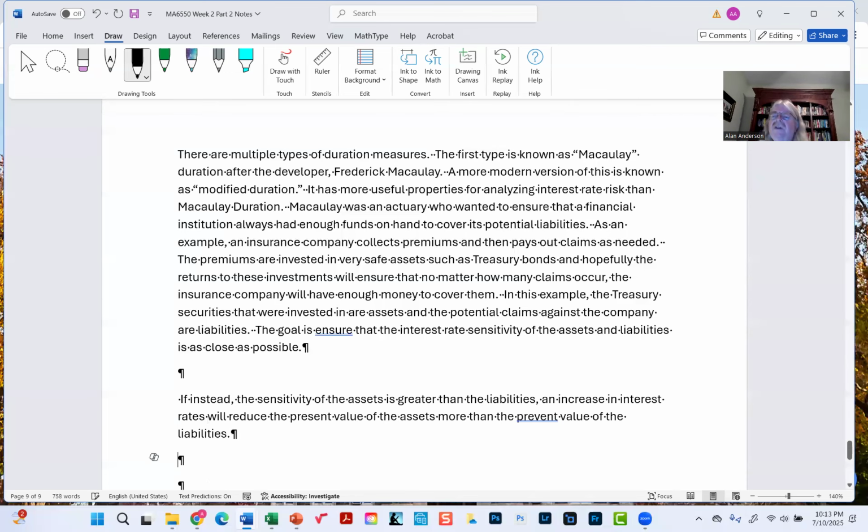But as far as investments go, this measure, Macaulay duration, is difficult to interpret. Let's put it that way. It's not really the best choice for analyzing an investor's bond holdings.